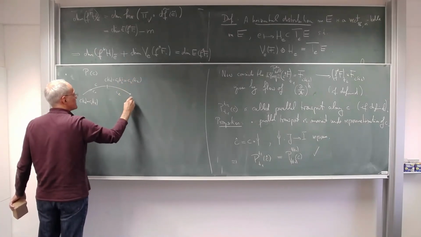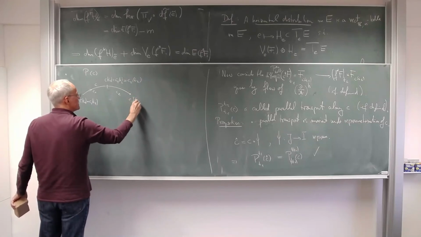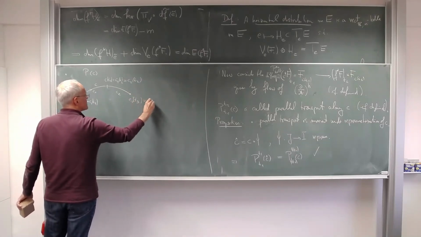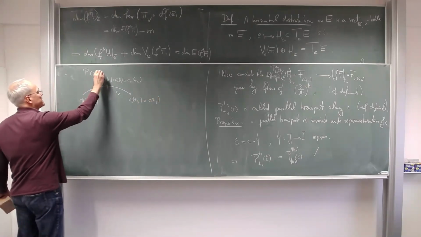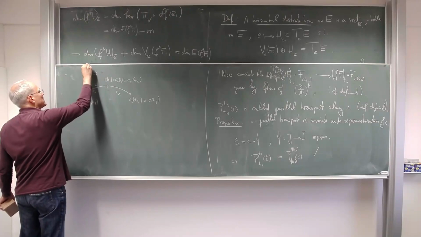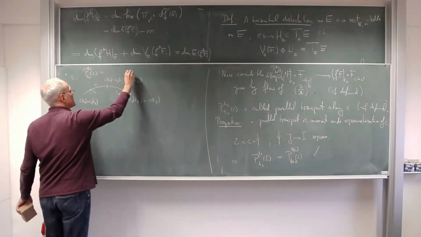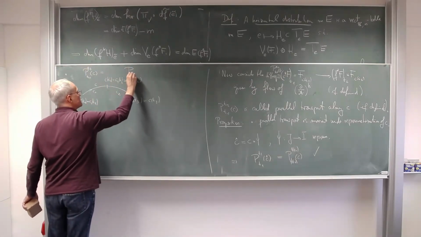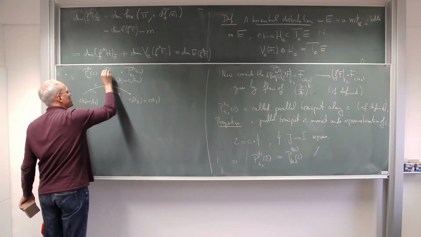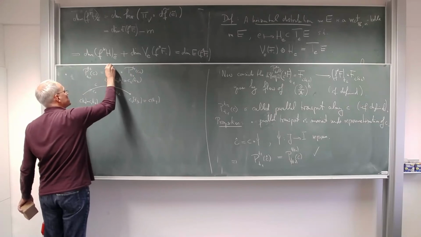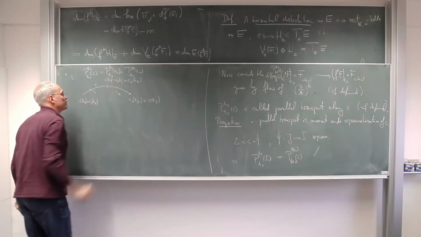And then here I have C2 of T3, which is the same as C of T3. And so if I take this from T1 to T3, that's the same thing as first parallel translating from T1 to T2 along the curve C1, followed by parallel transport from T2 to T3 along the second curve C2.